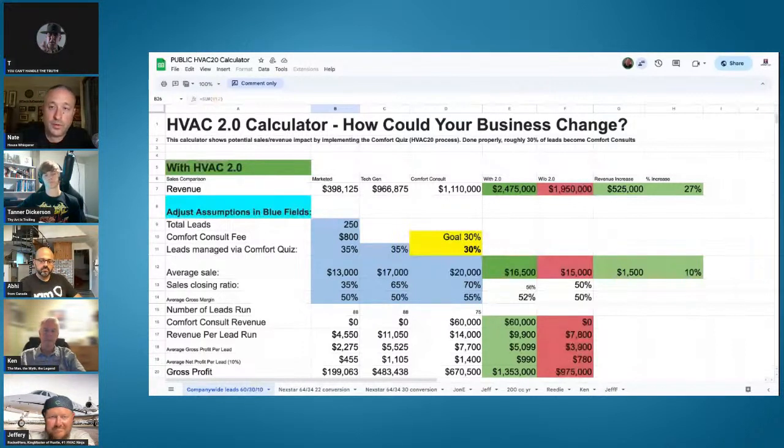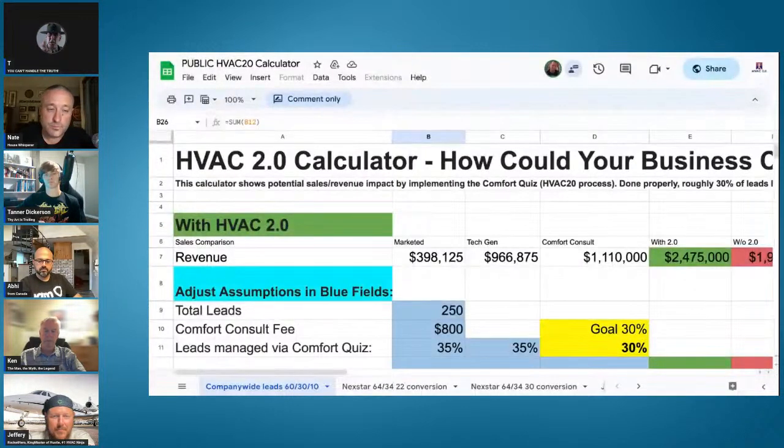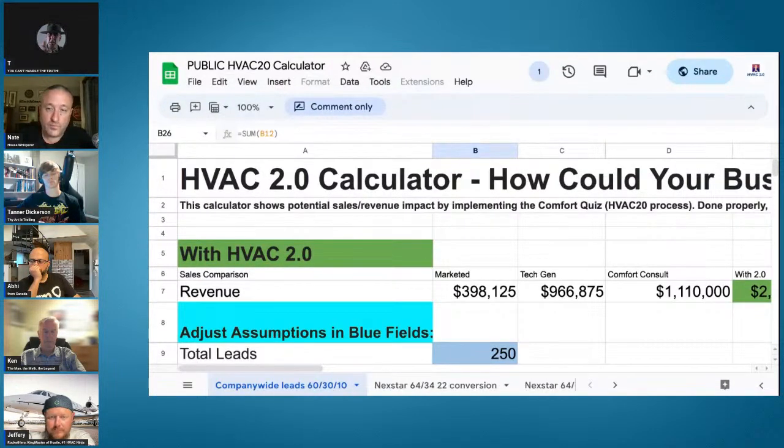So you're going to have to make some adjustments to the way you run your business if you want to do this. Our guys, particularly Jeff, for a while there, he was doing 6 or 7 comfort consults a week. Then we had a little conversation about it, and he backed it off to 4 or 5, and his life got better.